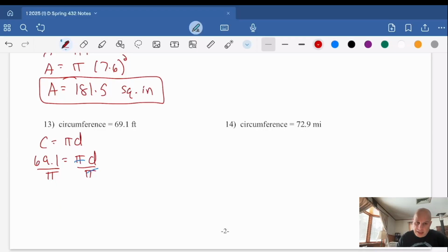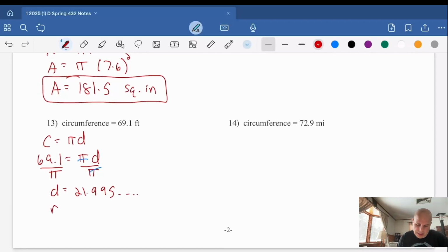If I type that into my calculator, I get my diameter D is equal to 21.995 with a whole bunch of decimal places. The radius is going to be half that diameter. So half of 21.995. I could either multiply it by 0.5 or divide that by 2. And when you do that, you get 10.998, which is approximately 11 feet.